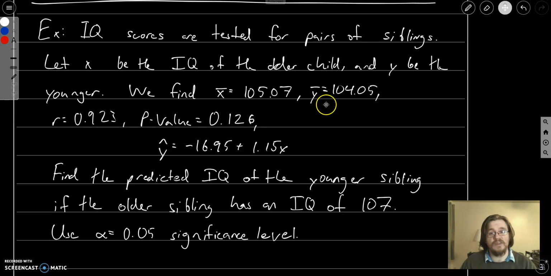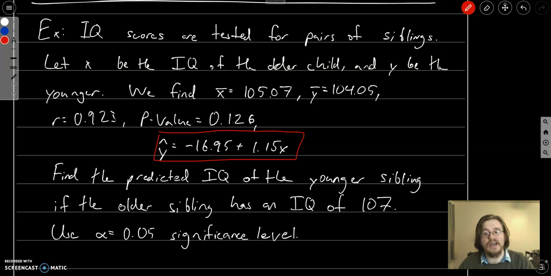The average IQ for the younger sibling is 104.05. R is 0.923, so it seems pretty linearly correlated. And the p-value is 0.126. So that's pretty big for a p-value. And here is our regression line, our line of best fit.